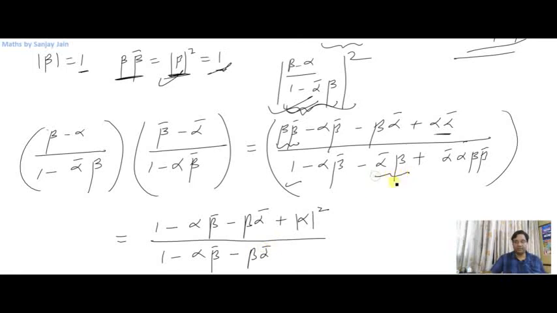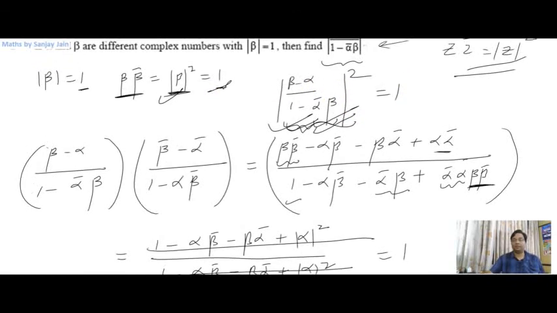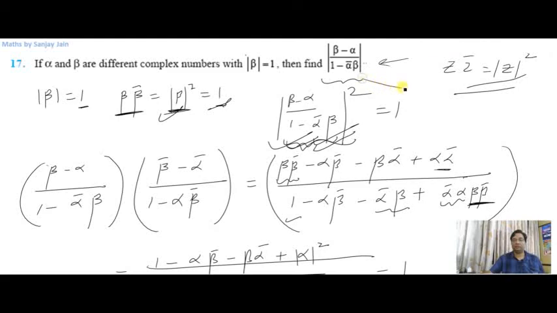I am writing this as this because this is commutative, so you can write it like this. Beta into beta bar we know is 1, so this is alpha bar into alpha, which is mod alpha squared. If you notice, this numerator and denominator both are same, so I am cancelling these. It is equal to 1. So this expression is equal to 1. So square root of this will give me my answer, which is also 1. So this is equal to 1.